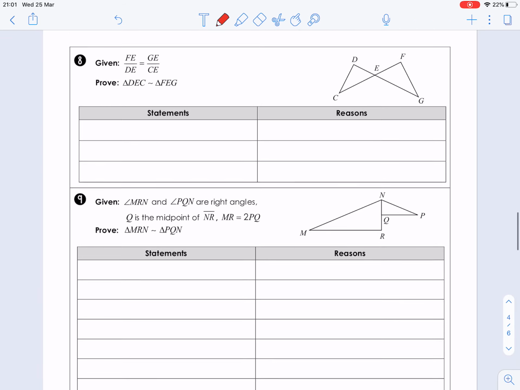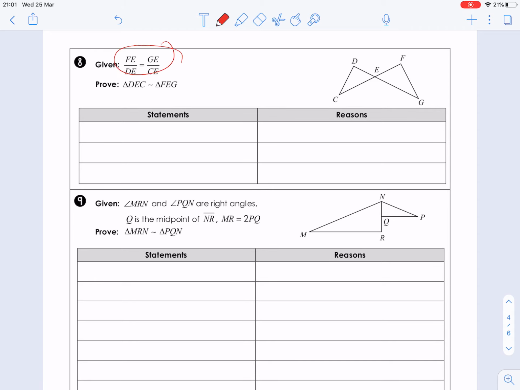Number 8, quick and easy again. Given. And we know angle DEC is congruent to FEG because of vertical angles.